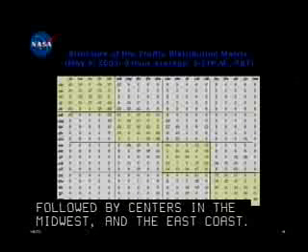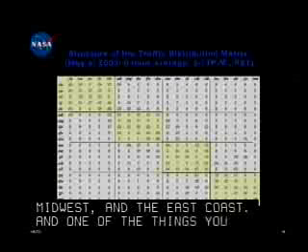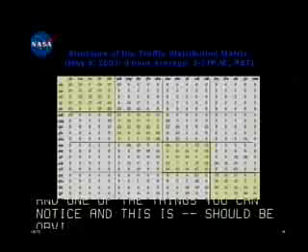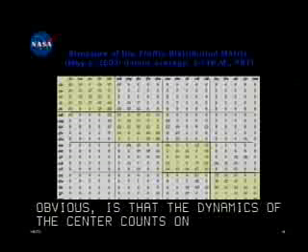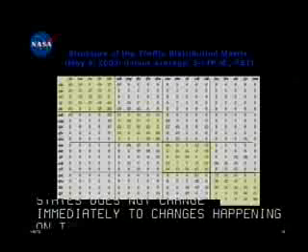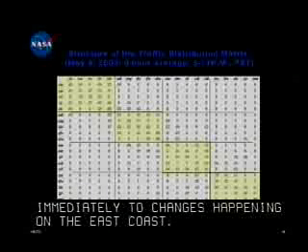And one of the things you can notice, and should be obvious, is that the dynamics of the center counts on the western states does not change immediately to changes happening on the East Coast. So there is a natural time scale to the problem.